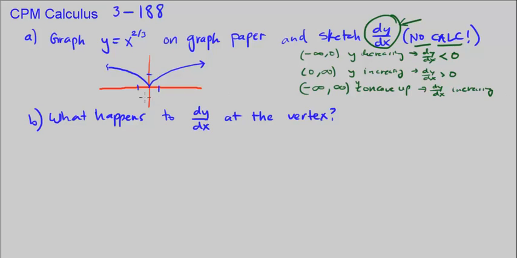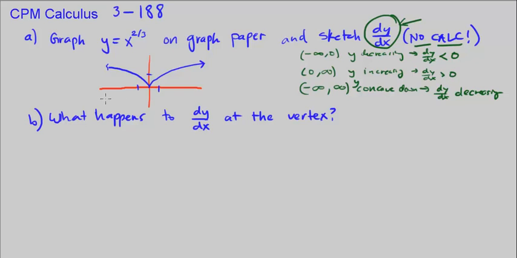Oops, did I say concave up? These are both concave down. My bad, right? They're both concave down. So y is concave down, so dy dx is decreasing. That's going to change it from what I had in my mistake.